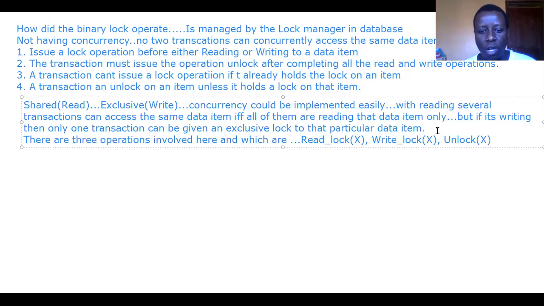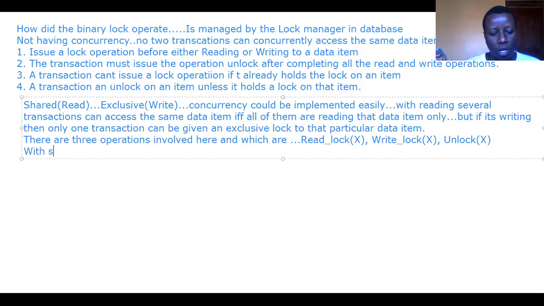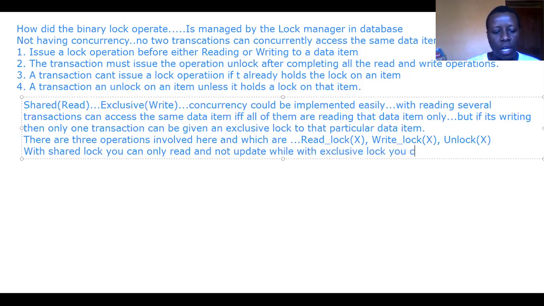Now, one thing with shared lock, it means that with shared lock you can only read, but you cannot update. Now, with exclusive lock, it means that you can read and update. That's one thing we also have to denote here: with shared lock, you can only read, not update, while with exclusive, you can both read and update.